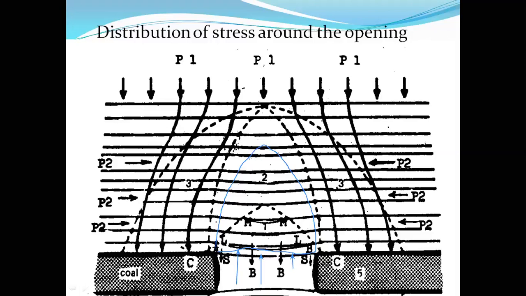As a result, there will be a movement between the layers of the strata, like this. See here, there is a movement. There will be some kind of sag. So the portion of the overlying strata whose load did not get redistributed is in the shape of a dome.